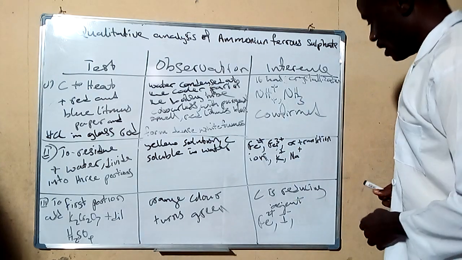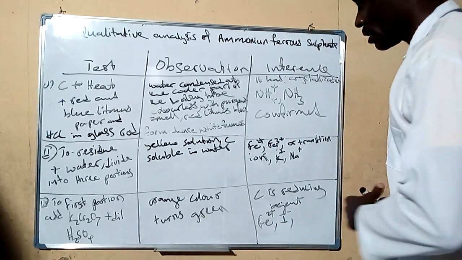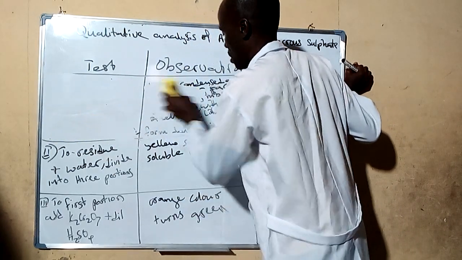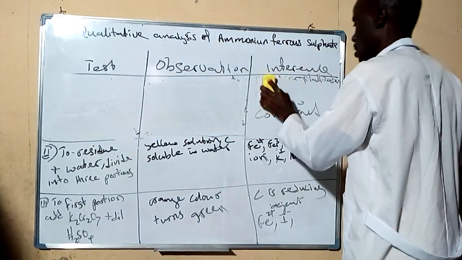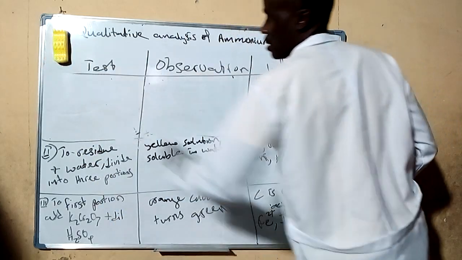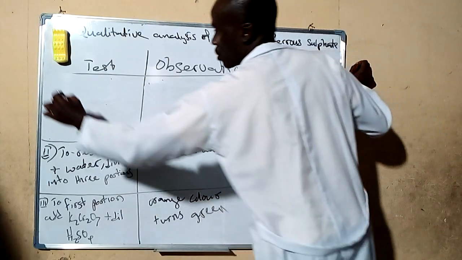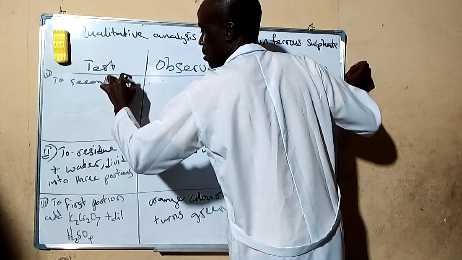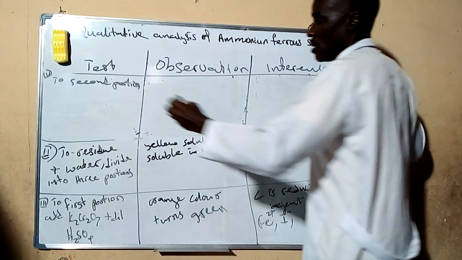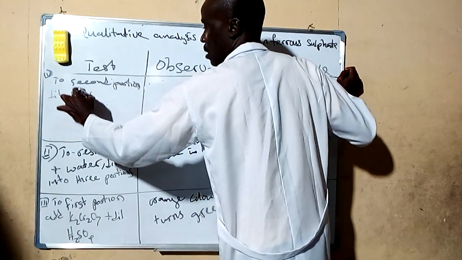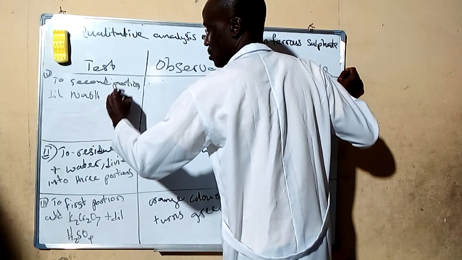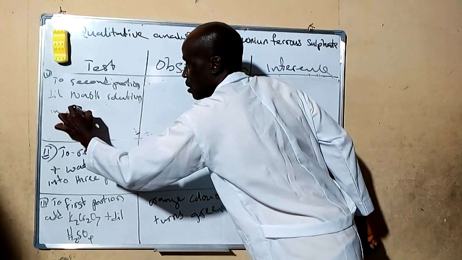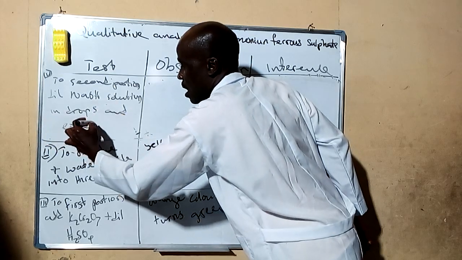The next test we are going to carry out, the fourth test, is when you add to the second portion dilute sodium hydroxide solution, in drops and then in excess.